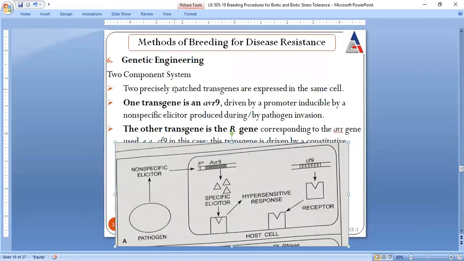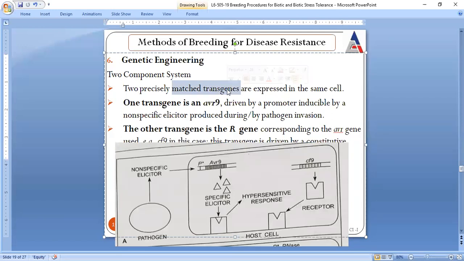Here, two precisely matched transgenes are there which match with each other. Precisely means very accurately matched transgenes, which are two in number. This is the reason it is said to be the two component system, because here two transgenes are triggering artificially programmed cell death.